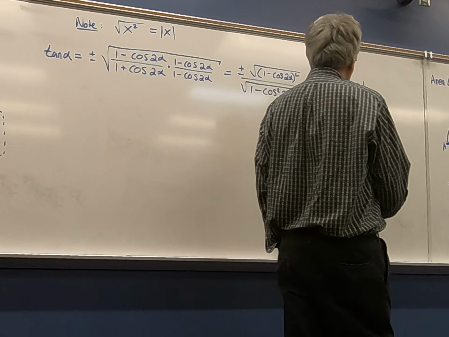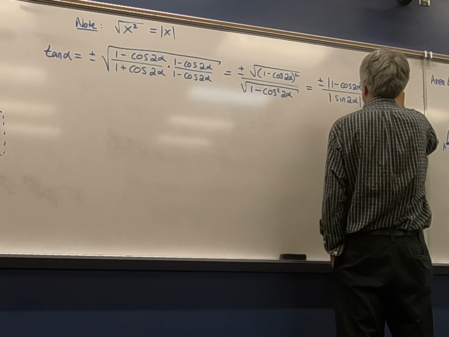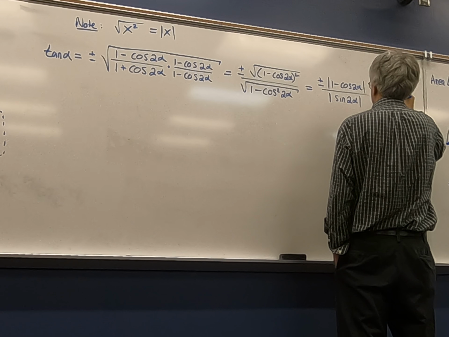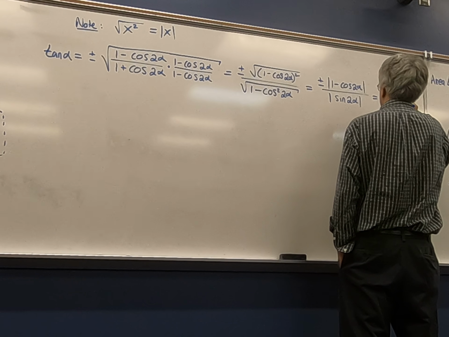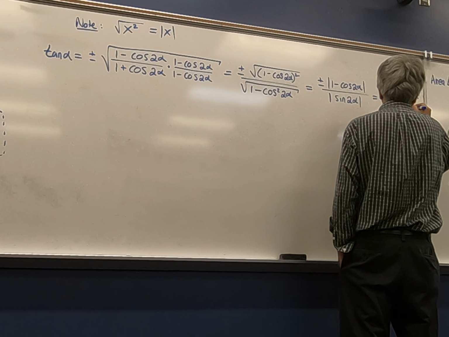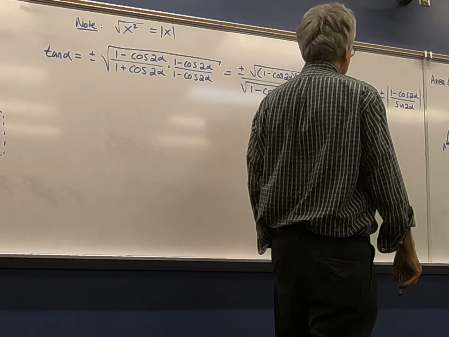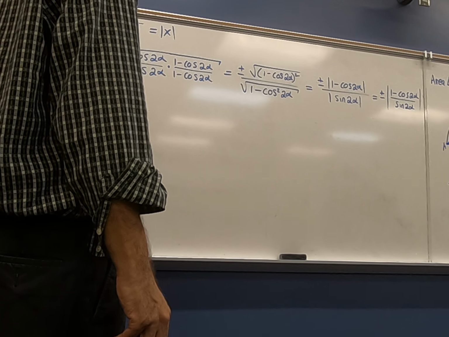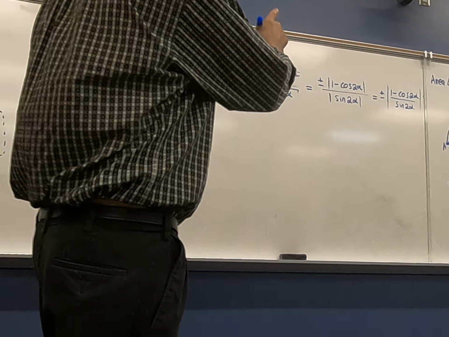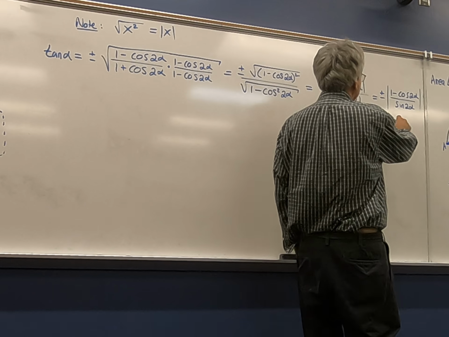So this is plus or minus the absolute value of 1 minus cosine 2 alpha over sine 2 alpha. Now, plus or minus an absolute value. So the numerator is always going to be positive, right?